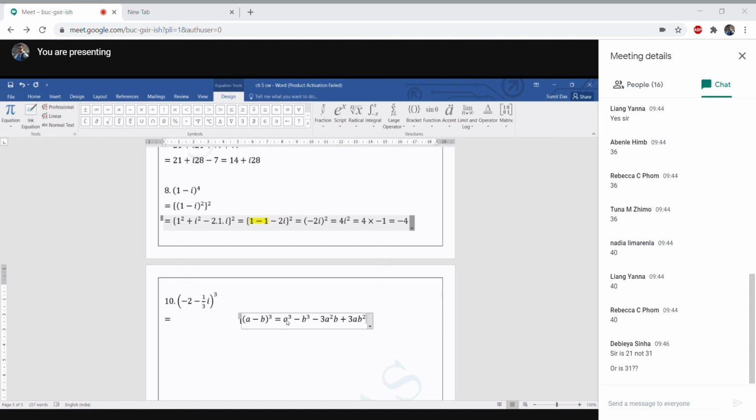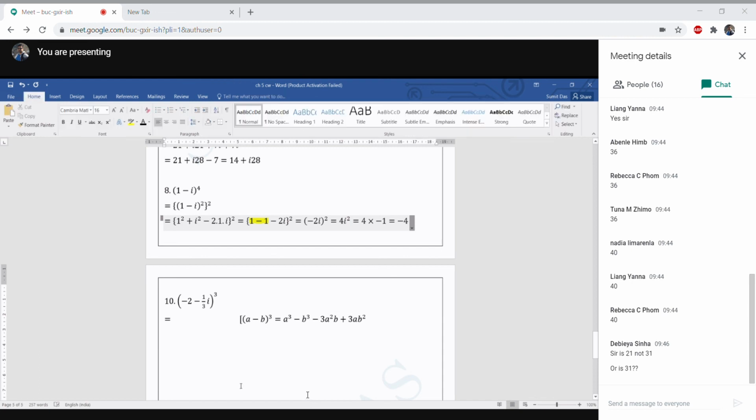Okay, so similarly the same thing will apply here. Minus 2 whole cube minus, what is b? Don't forget here b is 1 by 3i, not minus 1 by 3i. Here a is minus 2, b is 1 by 3i, and this is the minus sign.